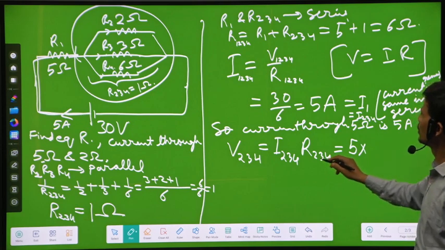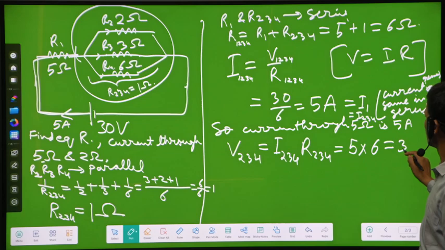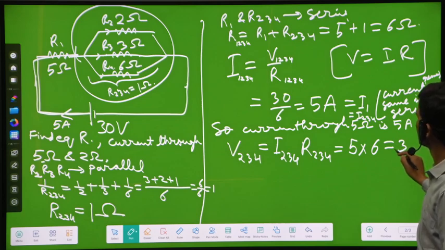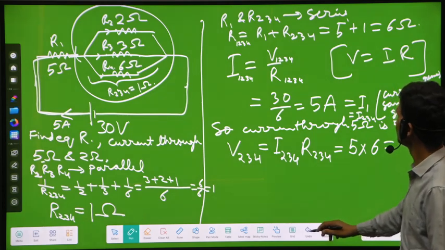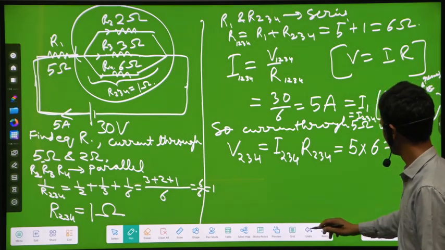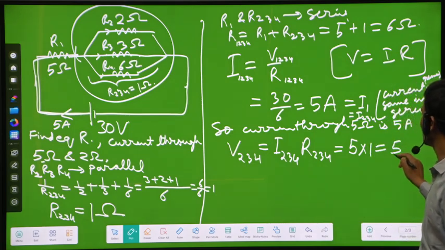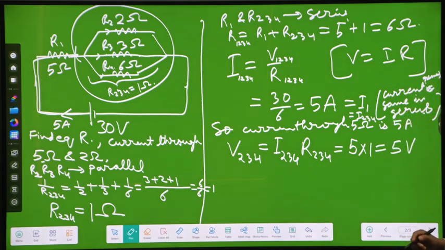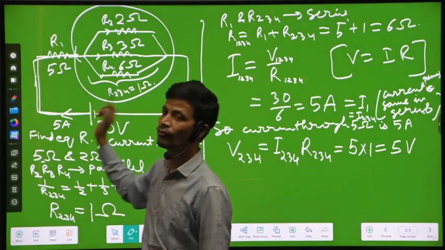And resistance R234 is 1, sorry, otherwise it was illogical. So here it is 5 volt. So V234 is 5 volt.